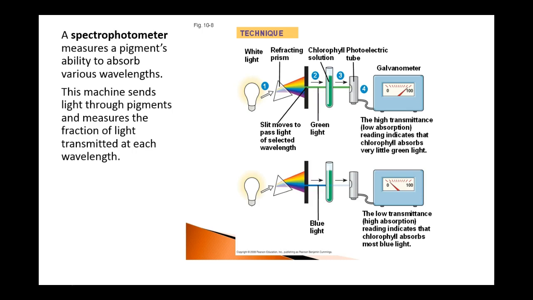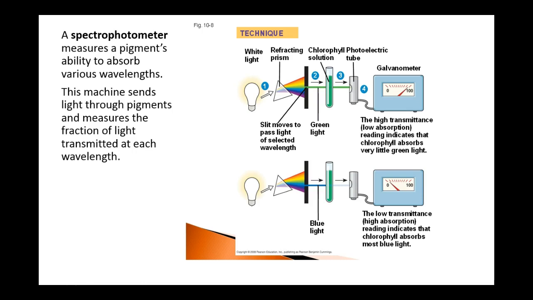The way we understand this, and this is a property of the various different pigments, is this is actually measured with a technique or a device called a spectrophotometer. This is a design that a scientist came up with.